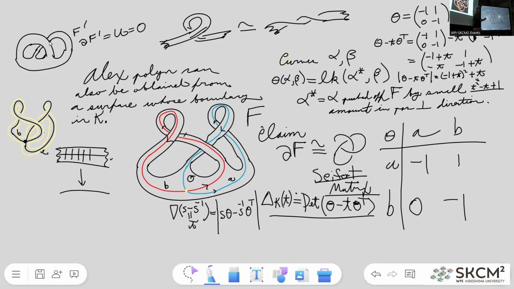So then you can play games. I don't want to do more examples right now, but you can play games with this. You can produce lots of knots with Alexander polynomial 1, Conway polynomial 1, and they're non-trivial. You have a direct geometric pathway into understanding how the polynomial behaves.